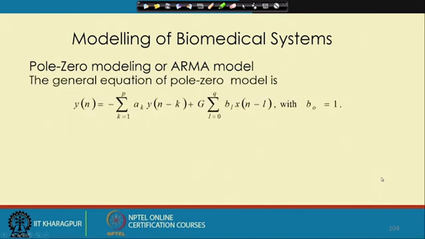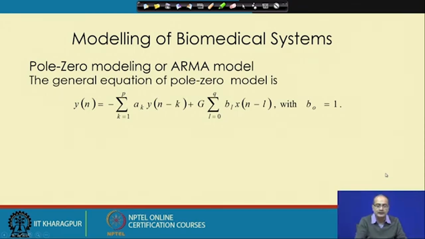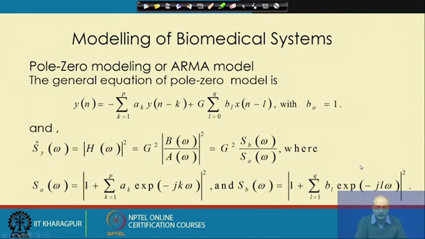The general model equation is given here, consisting of the a_k's and b_l's, where for b_0 the value is 1. Corresponding to that, if we look at the spectral domain, we get the spectrum, or rather the estimate of the spectrum S hat y.